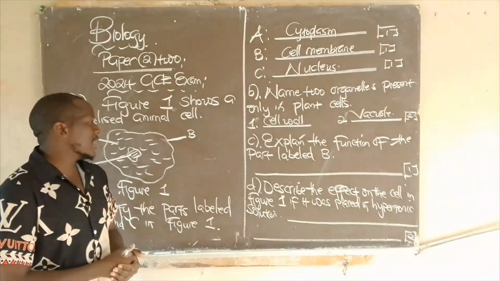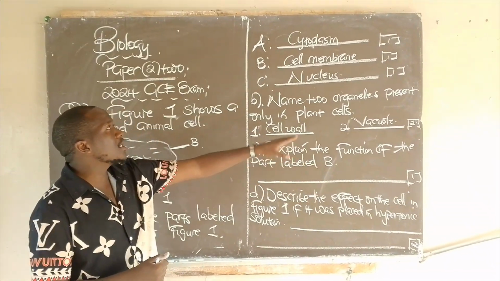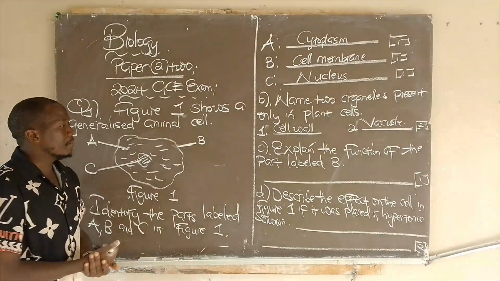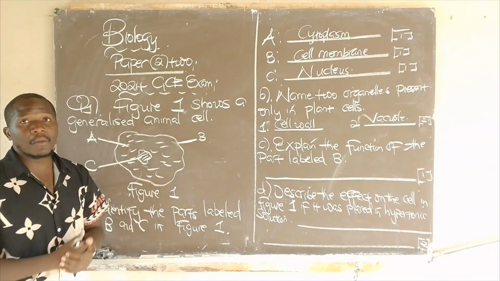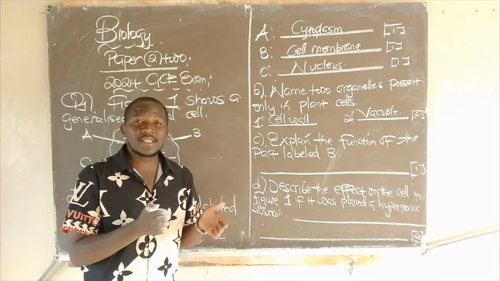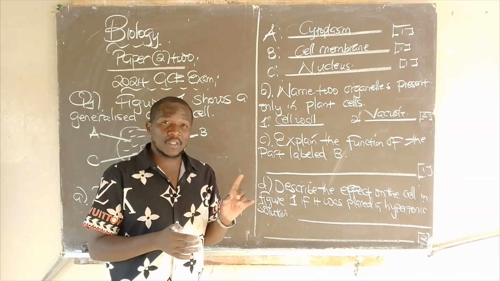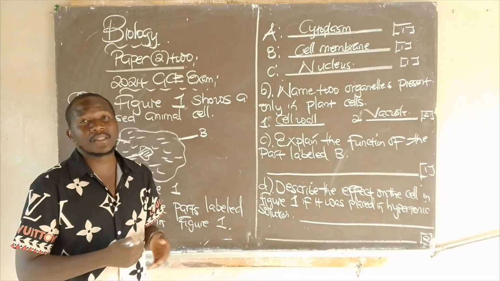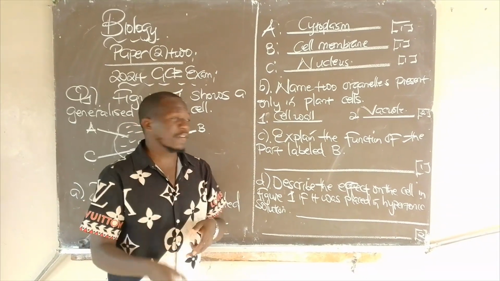C. Explain the function of the part labeled B. We would need to go back to how we identified part labeled B. So part labeled B in this instance is a cell membrane. A cell membrane is selectively permeable, which means it is responsible for selecting substances to enter the cell, and also selecting substances to leave the cell, either before use or after use.